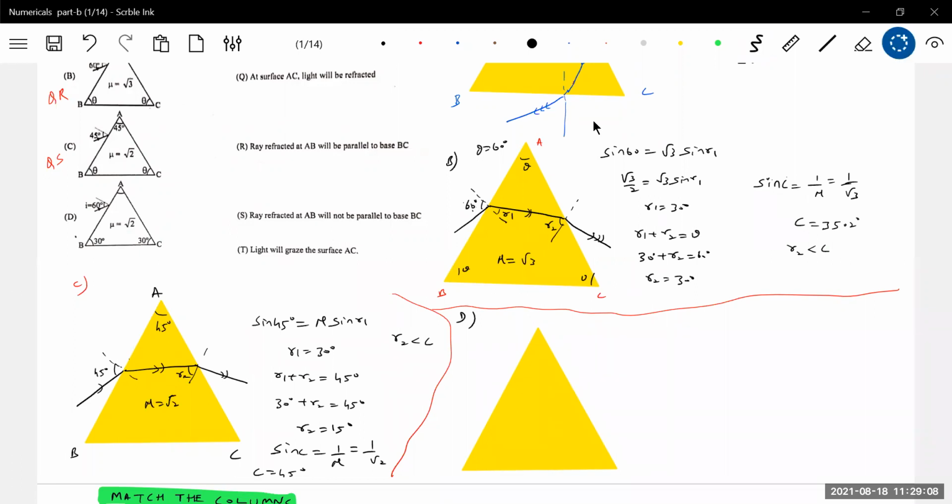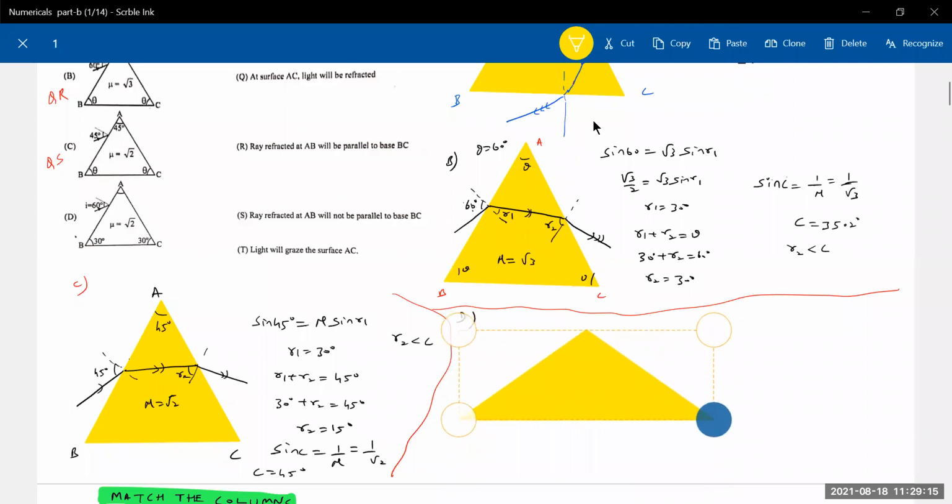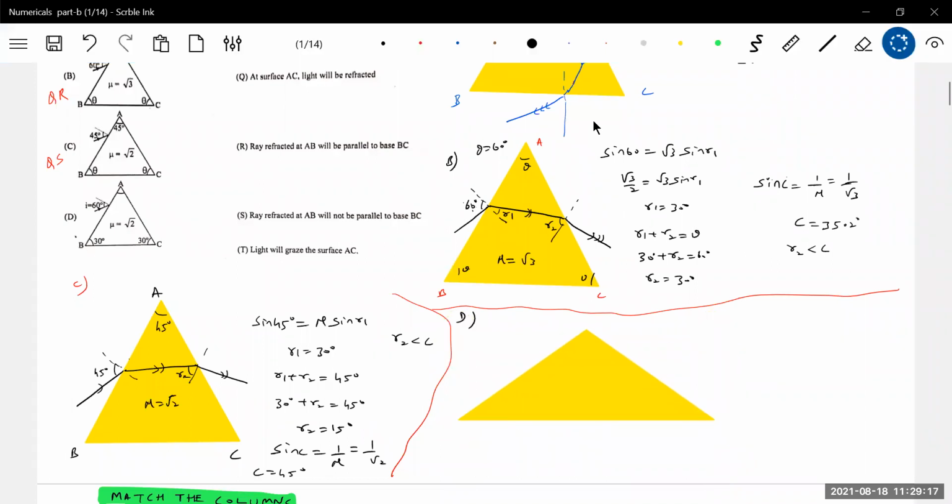This will be, I think, the prism. The angle. Okay, now it is incident.